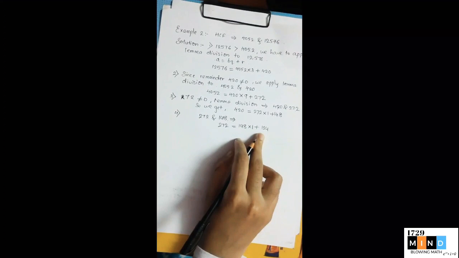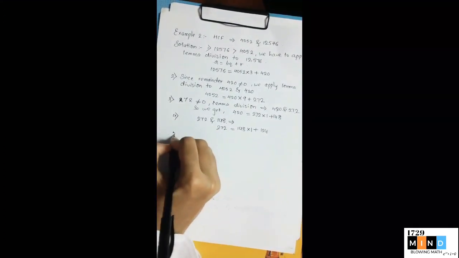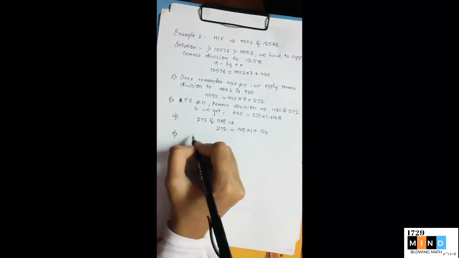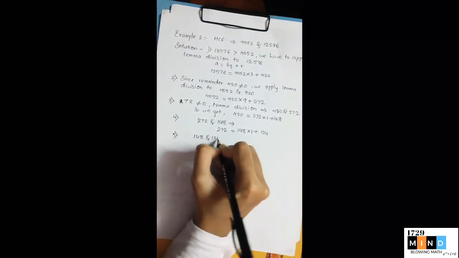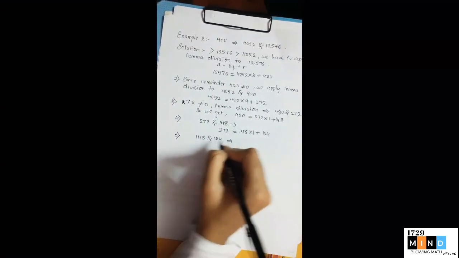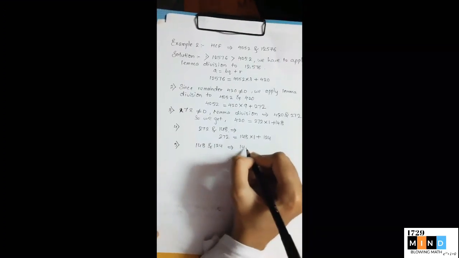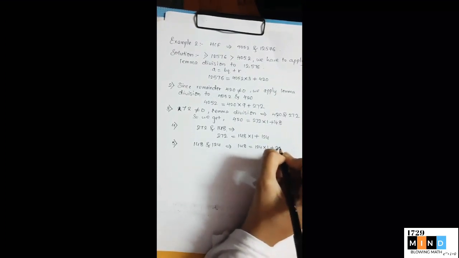Again see here guys, 124 is also not equal to 0, that means we are going on to the fifth step, and here the dividend will be 148 and the divisor will be 124. Applying lemma to this fifth step, we get 148 is equal to 124 into 1 plus 24.